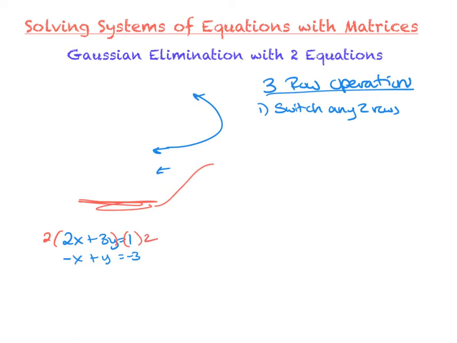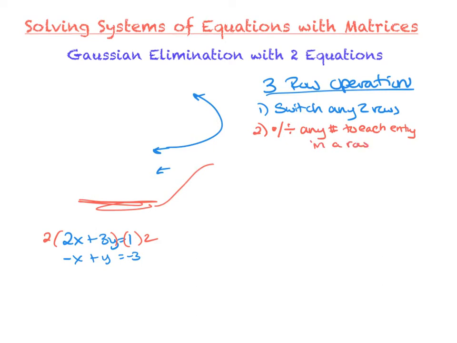We can multiply or divide 2, let's say, by both sides of an equation. Then whatever happens to an equation is what could possibly happen to a row. So we could also multiply or divide any number that we want to each entry in a row.